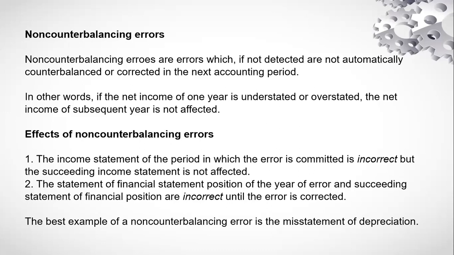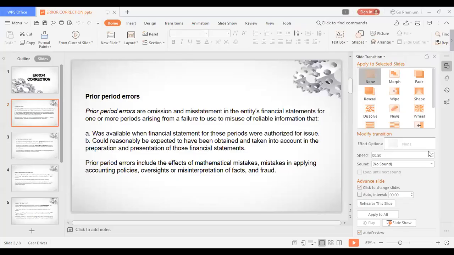Effects of non-counterbalancing errors: the income statement of the period in which the error is committed is incorrect, but the succeeding income statement is not affected. The statement of financial position of the year of error and succeeding statements of financial position are incorrect until the error is corrected. The best example of a non-counterbalancing error is the misstatement of depreciation.